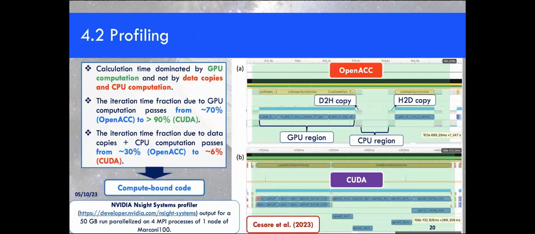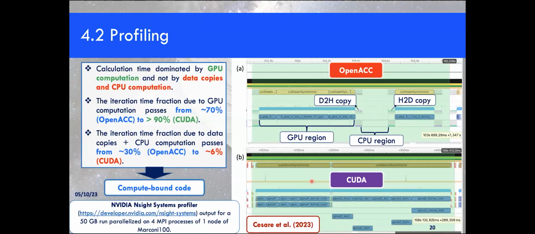In the CUDA case, the blue regions running on the GPU are even more dominant compared to the other regions, and now represent more than 90% of one LSQR iteration. We also performed better optimizations for the data copies, which were reduced.